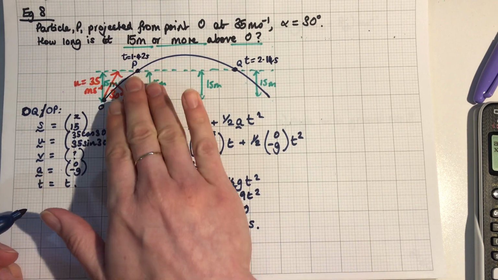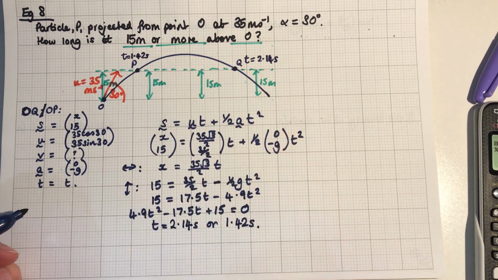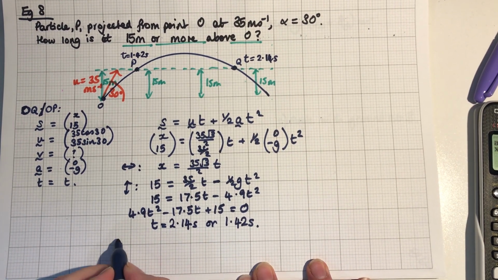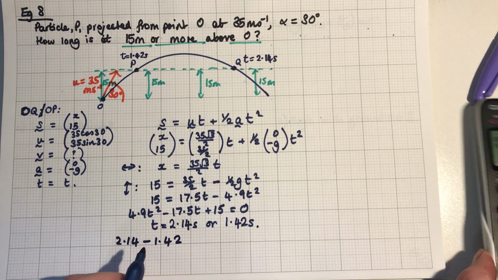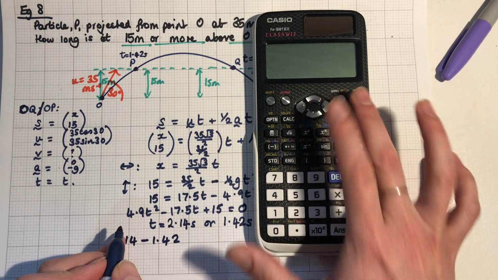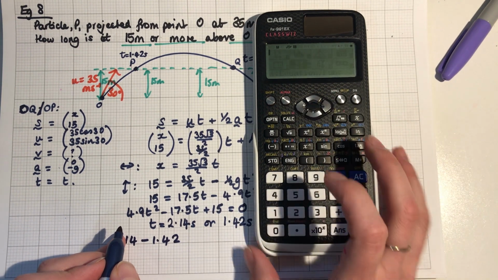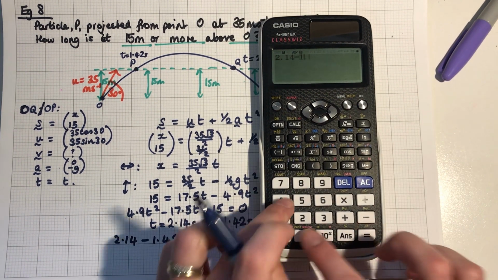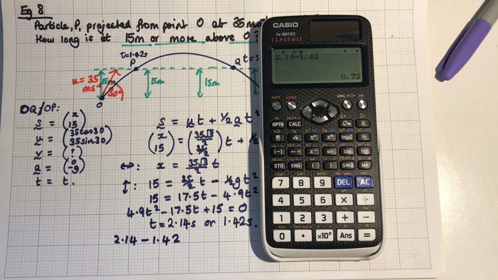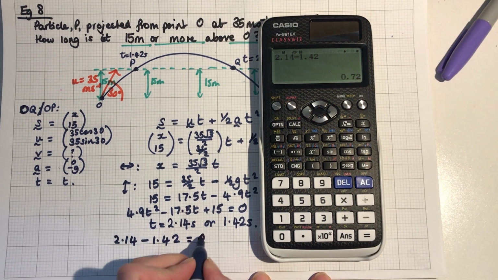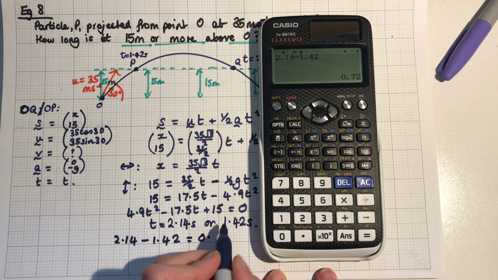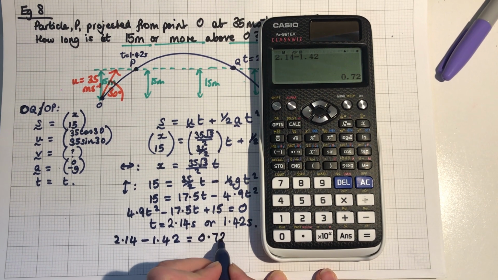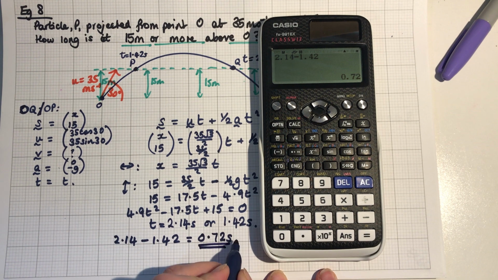So the time we're above 15 is the difference between these. So 2.14 minus 1.42 is for a time of 0.72 seconds. There we go.